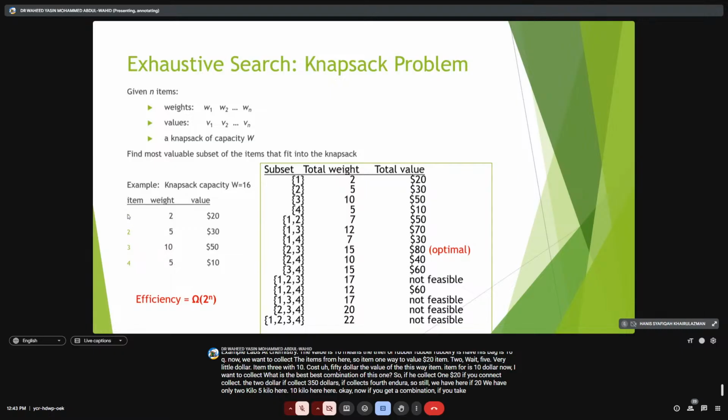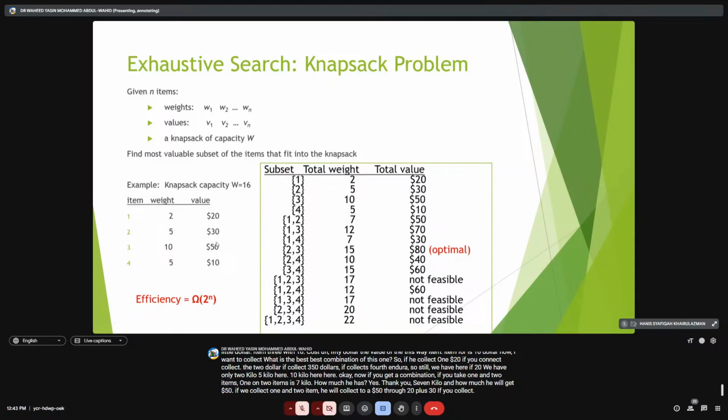If he takes items 1 and 2, that is 7 kilo. He has 16 kilo. 7 kilo, and how much will he get? $50. If he collects items 1 and 2, he will collect $50, 20 plus 30.